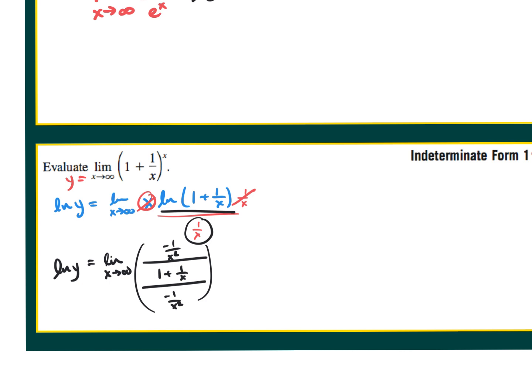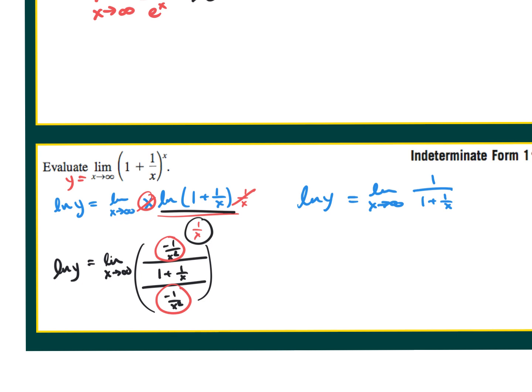The -1 over x squared, when I divide by that, it's really multiplying by -x squared. And so this part and this part cancel out to what? To just 1. And so now I end up having natural log y is equal to my limit as x approaches infinity of 1 over 1 plus 1 over x.